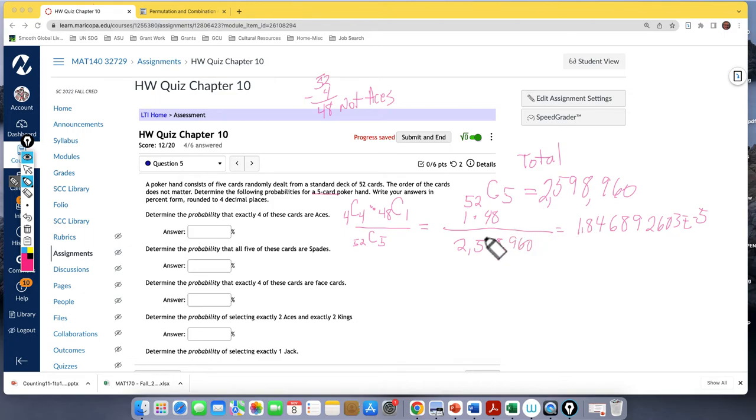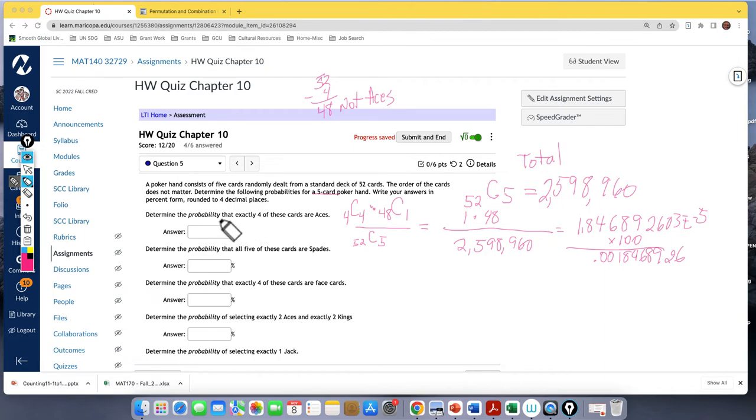So it's a very, very small thing, but if I multiply by 100, right? Because I want a percentage, now it gives me sort of a normal number. I get 0.001846 8926. I'll write them all out.